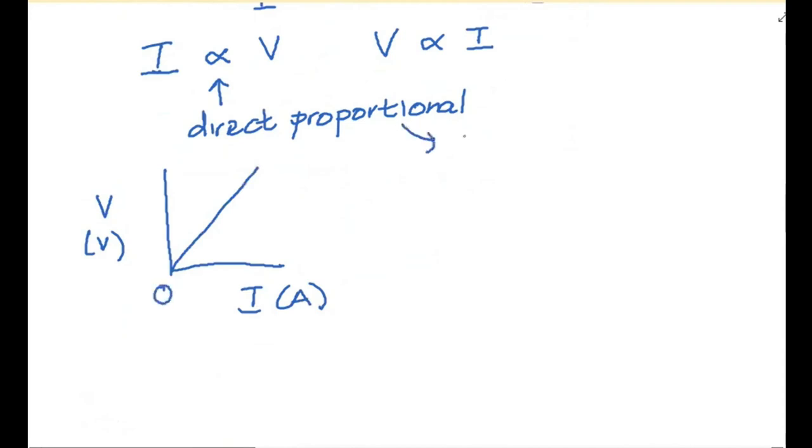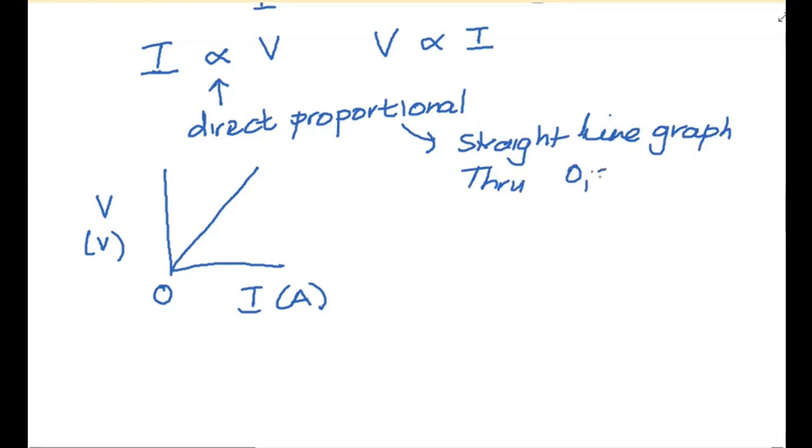So direct proportion means that you will end up with a straight line graph, and it will definitely go through 0, 0. So remember, what does that mean in terms of what you learned in maths? It means you've drawn y equals mx. There won't be a plus c because your y-intercept is in fact 0.